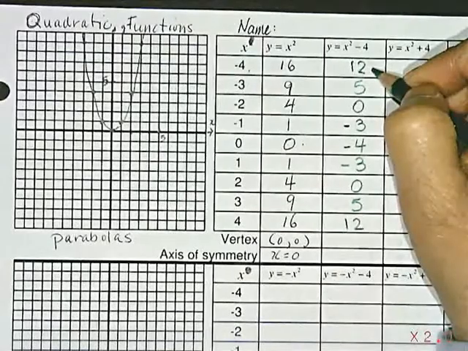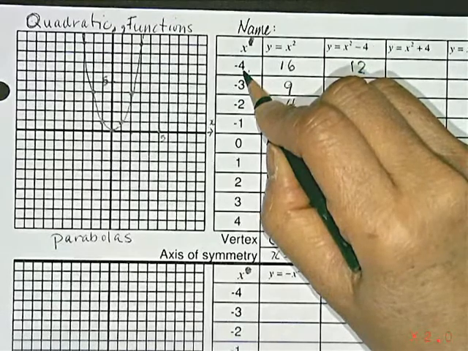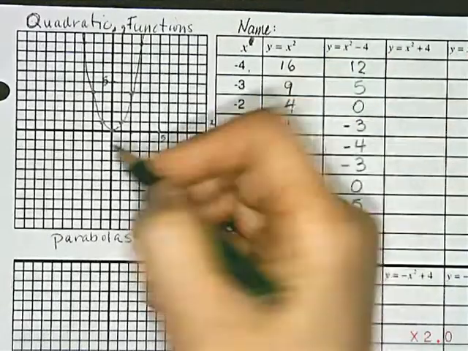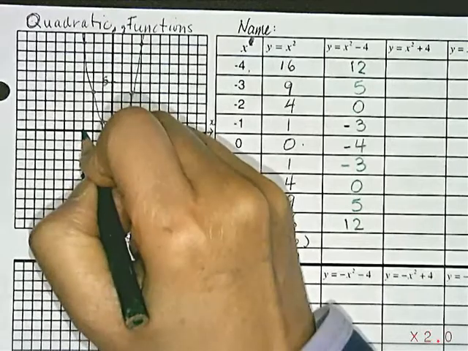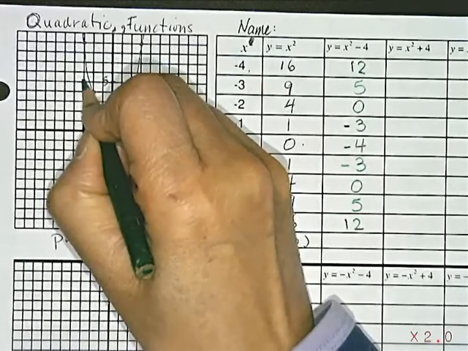I'm going to start graphing. It's going to be negative 4 is the x value. Then I go up to 12. Now 12 is going to be off my grid, so I'll just drop that one for now. When x is negative 3, 1, 2, 3 backwards, I go up to positive 5. 1, 2, 3, 4, 5. So there's the dot.